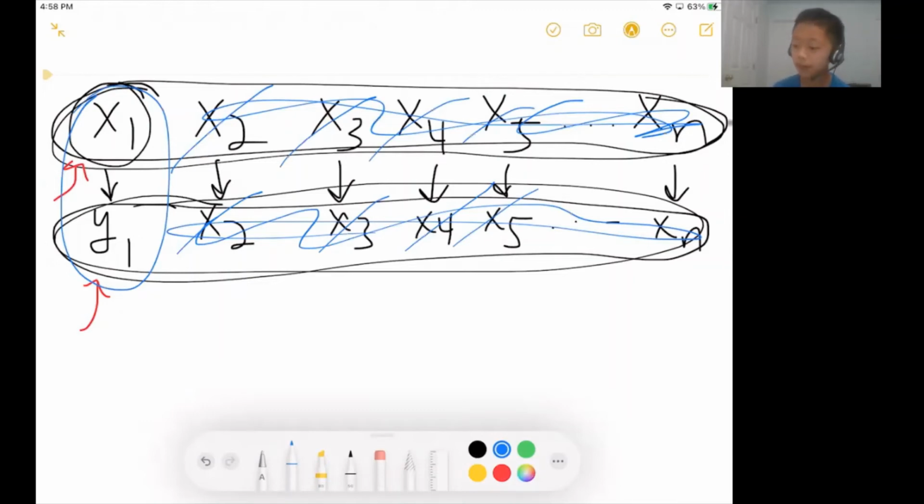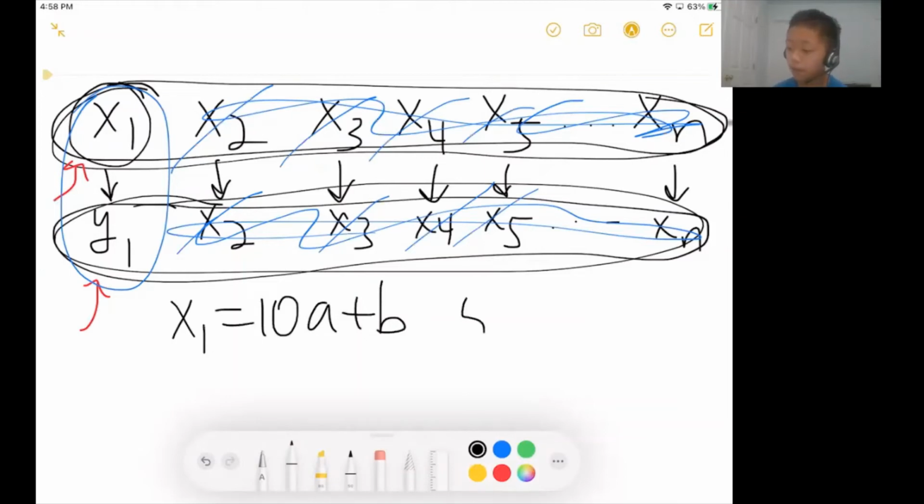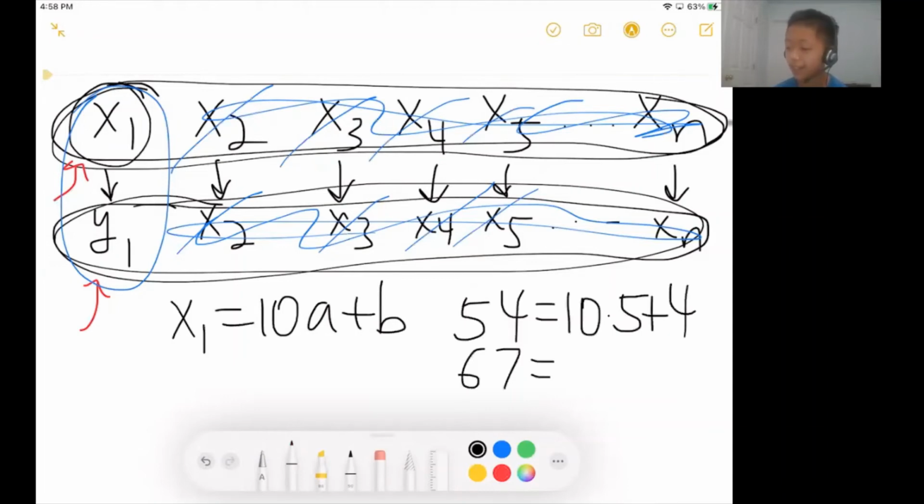Let's say you can write X1 as 10A plus B. You can write it like this because, for example, if you have the number 54, you can write 54 as 10 times 5 plus 4. Or if you have 67, you can write this as 10 times 6 plus 7.